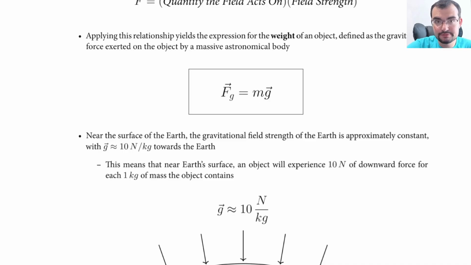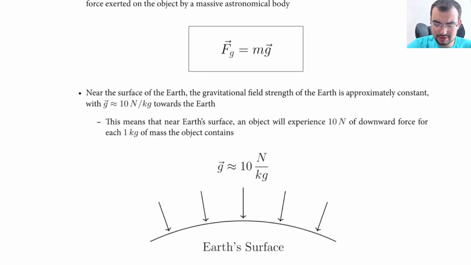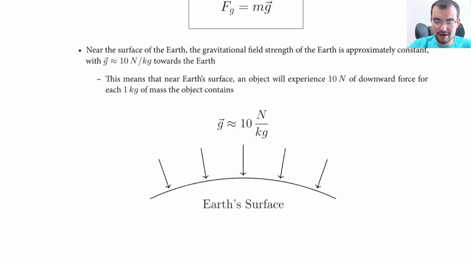And also, we have seen g before. It turns out this g, this gravitational field, is the same g that we have been using in free fall. So we will discuss why this is when we talk about accelerated situations, but it does turn out that this gravitational field strength actually does represent an acceleration when you're in free fall.